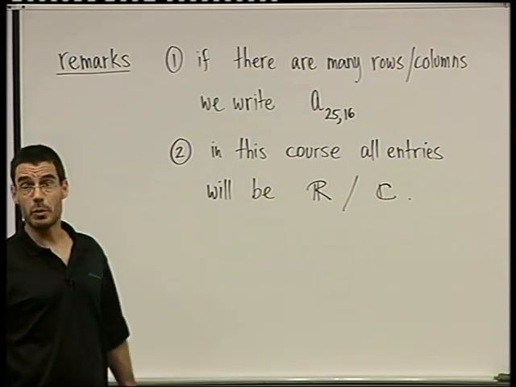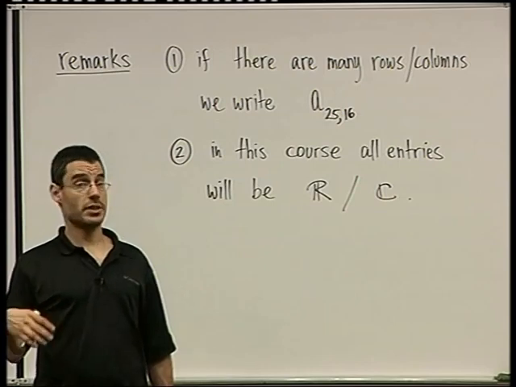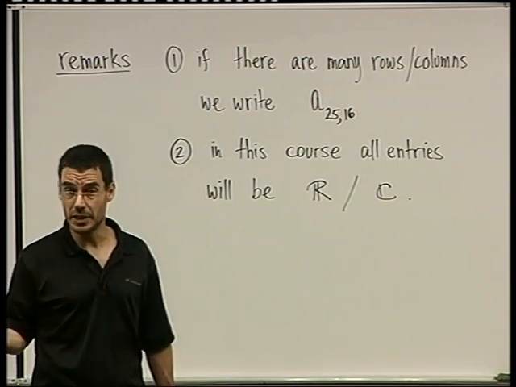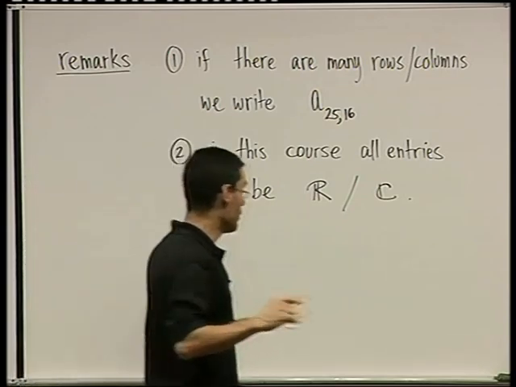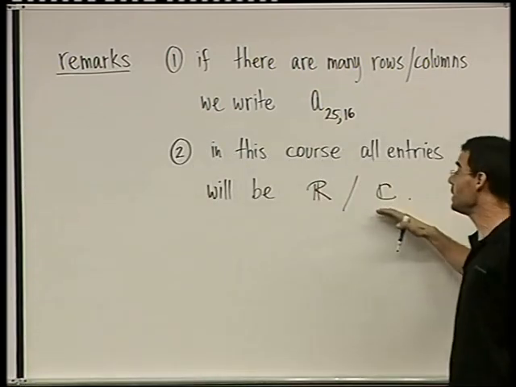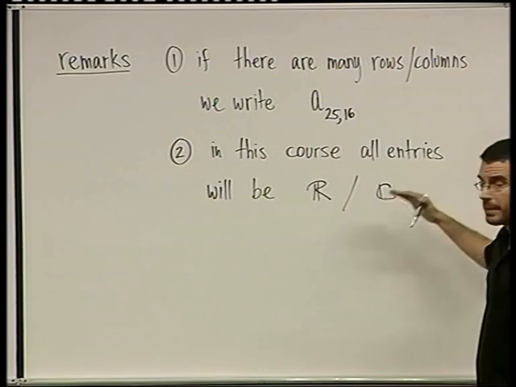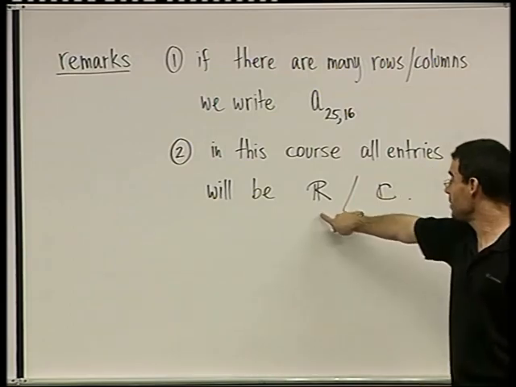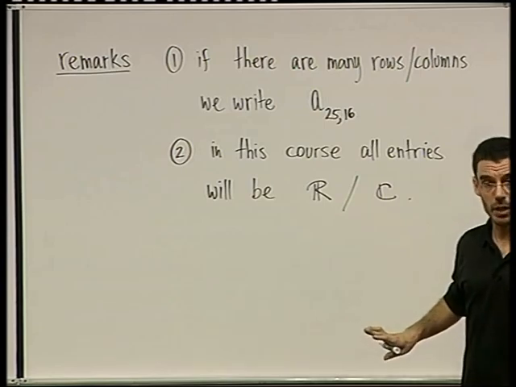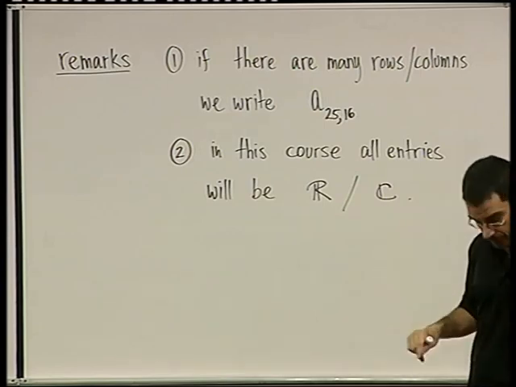We're not going to be dealing with other fields. Remember, we mentioned that there are, for example, finite fields, those Z sub n's that we discussed, and other things, not necessarily fields even, but in this course, all the matrices will be living over fields, and not any fields, only these two. Okay, so that's the scope of this course.